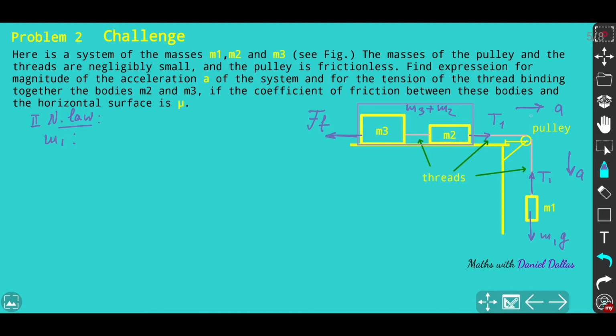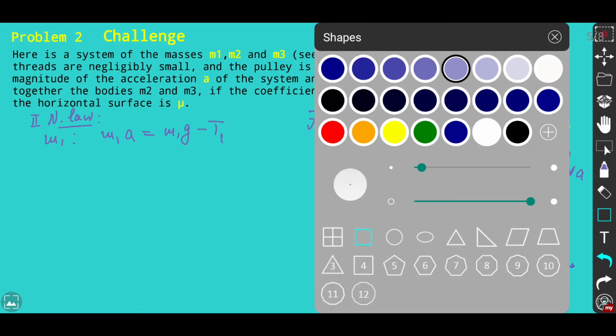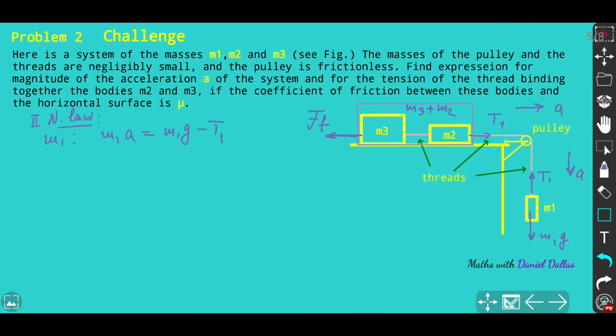All right, so for M1 we can set up M1a is going to be equal to M1g minus T1. Okay, as you understand, I've chosen the positive direction downwards. So let's say that's the positive y direction. And let's say the positive x direction is going to be in that way.